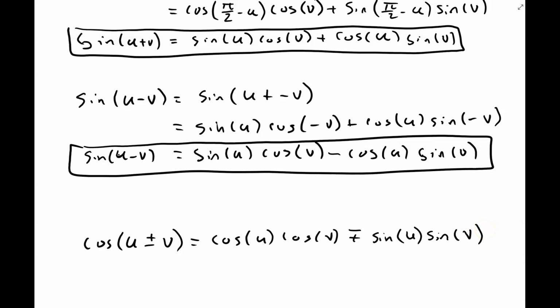So the way you read this identity on your sheet of paper would be, if I want cosine of u plus v, I'm going to use a minus sign there because I'm going to use the top symbols. Or if I was looking at cosine of u minus v, I'd use the plus symbol there. You guys kind of see how I'm using that? So typically we don't write these as two separate. We write them as just one.